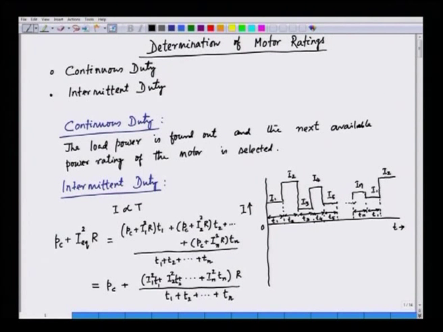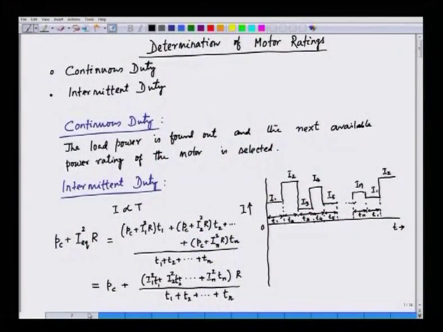So on the right hand side we have been able to separate Pc, the core loss. Pc being common, it will be cancelled from the right hand side and the left hand side, and what remains is the individual current squares multiplied by the individual intervals, like I1 square into T1, I2 square into T2 and so on.